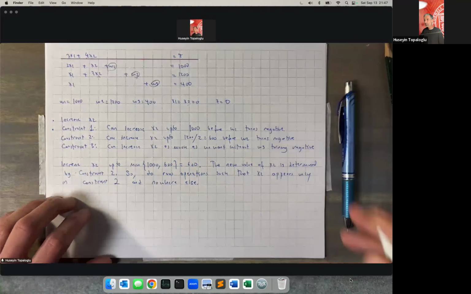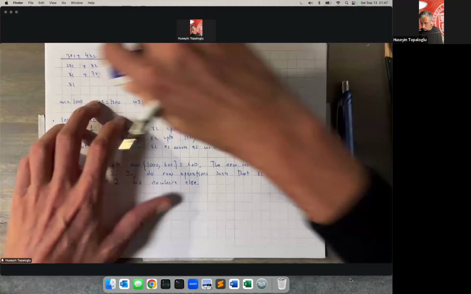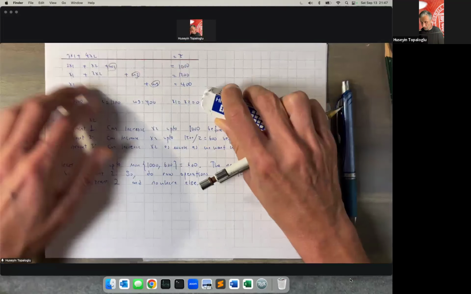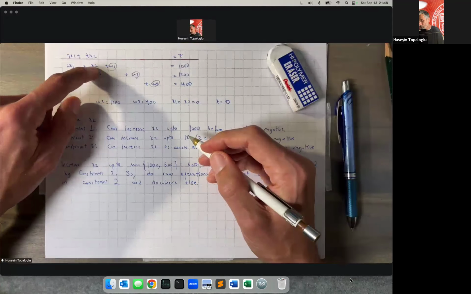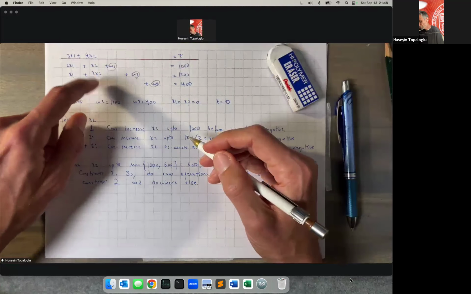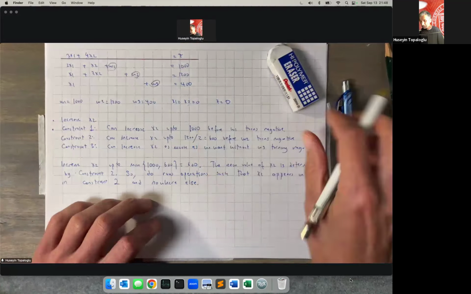So we're going to do row operations such that x2 appears only in the second constraint row and nowhere else. x2 has to disappear from the objective function row, x2 has to disappear from the first constraint row, and x2 has to disappear from the third constraint row, but it already doesn't exist there.